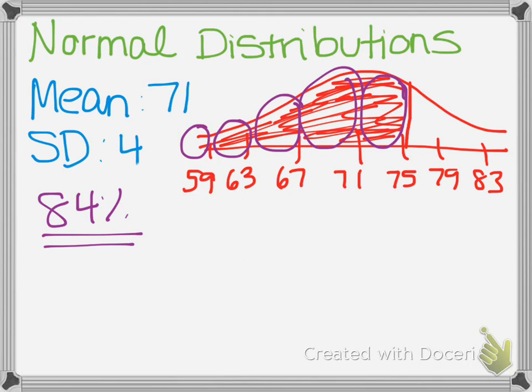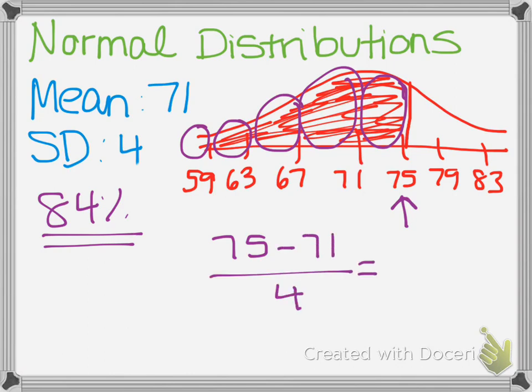Okay, so that was using the empirical rule. If you decided to use your Z-score table, you can do this, of course. I personally, since I'm giving you one that is a whole number Z-score, would just use the empirical rule. But if you're the person who likes to use the Z-score table, then this is fine. So you would do 75 minus 71 divided by 4.